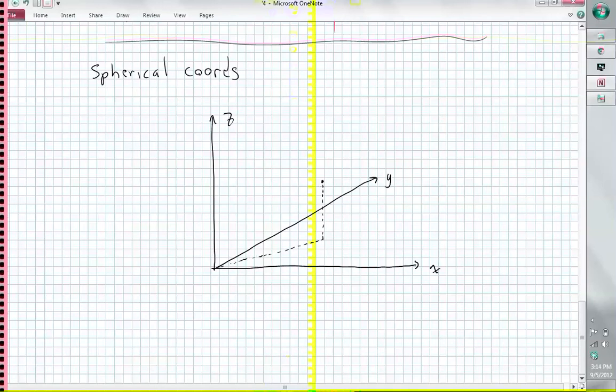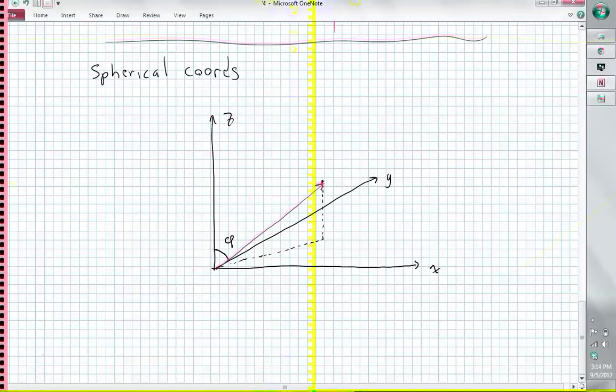But the big picture here: the way that we're going to define our coordinates in the spherical coordinate system is first the angle between the red vector and the z-axis in radians we will call phi.